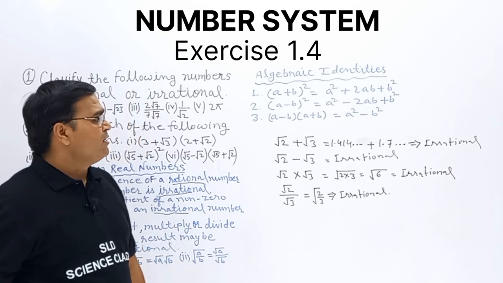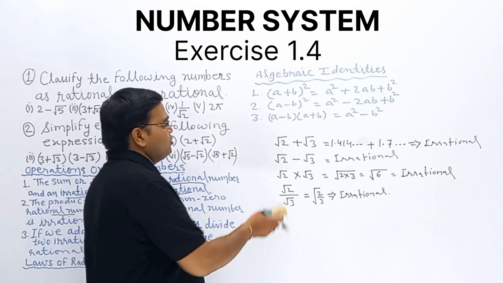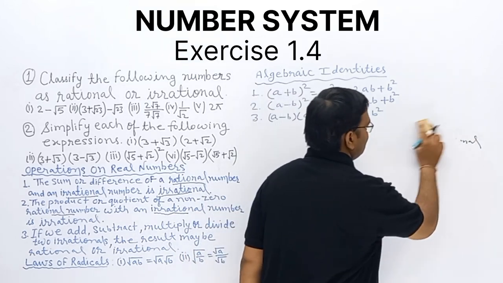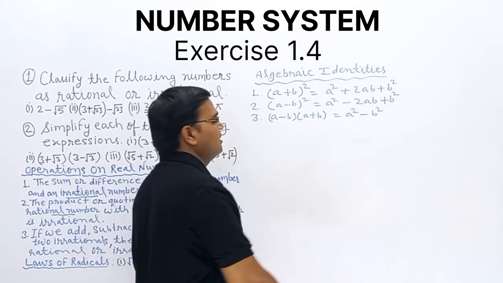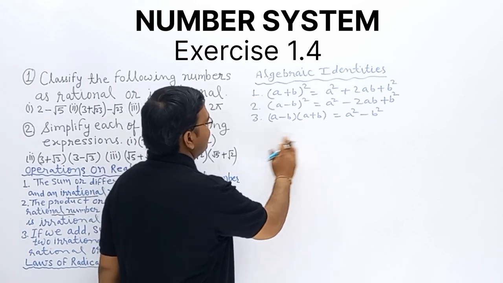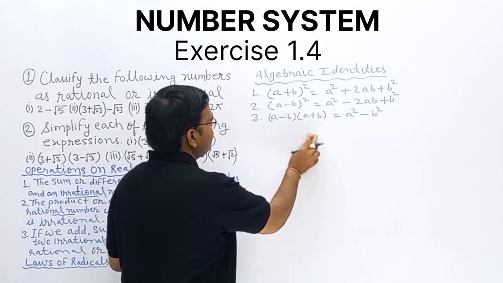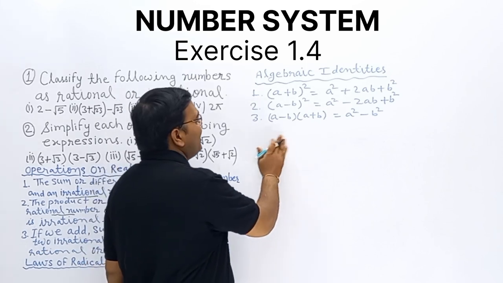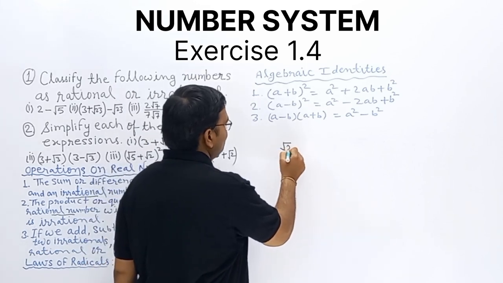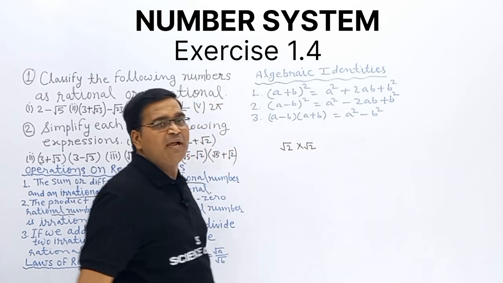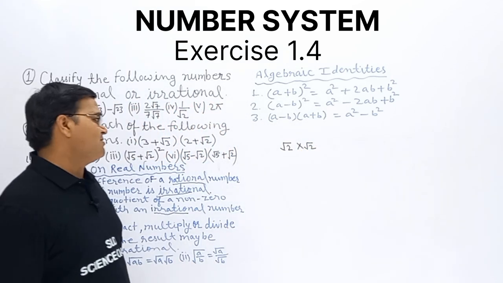Now when will we get a rational result? Observe, I have some examples. If we have root 2 into root 2, we are multiplying two irrationals.